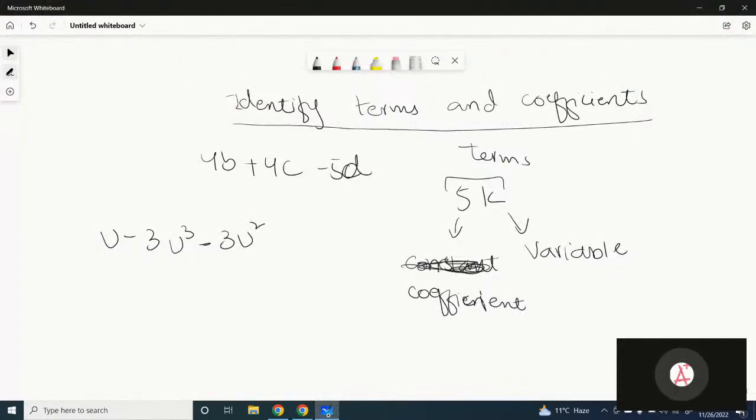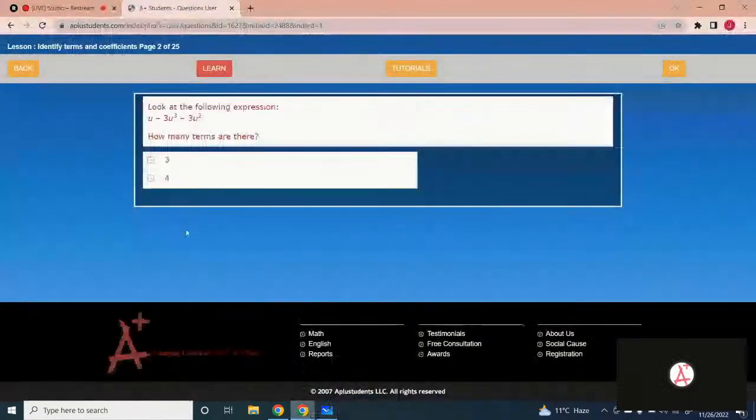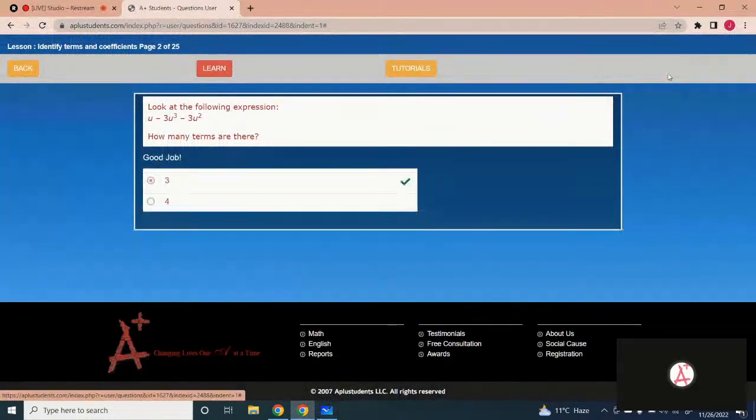So all three are terms because they are joined together with mathematical operations, like negative. Here you have three terms. Anything that is combined together with positive, negative, multiplication, any of the operations, they are the terms. So here you have three terms. Just select the correct option and click on the OK button.